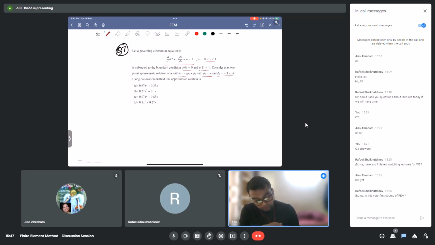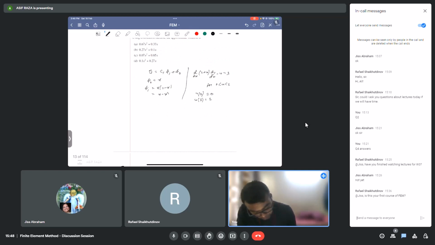So for this we'll substitute: we have c1 phi 1 plus phi naught, with phi naught as x, phi 1 as x times 1 minus x, that is x minus x square. The equation is d by dx of 2 plus x du by dx minus u equal to 3 for 0 to 1, u0 equal to 0, and u1 equal to 1.